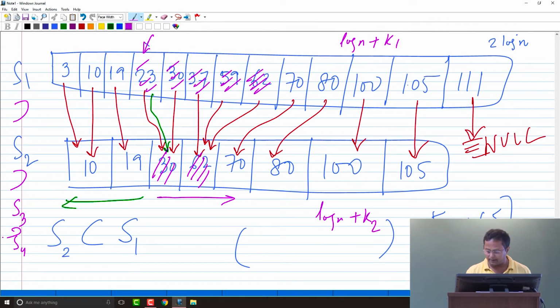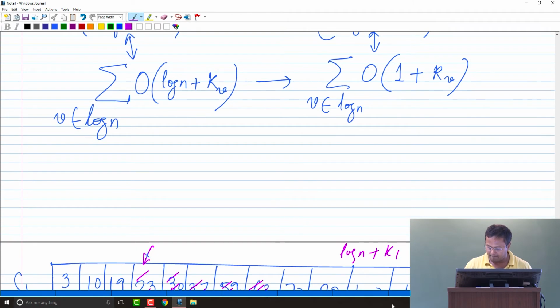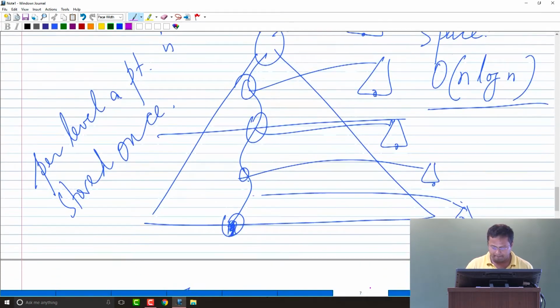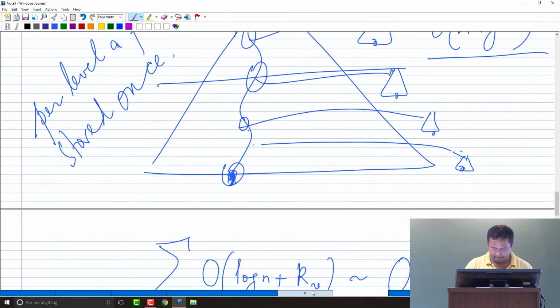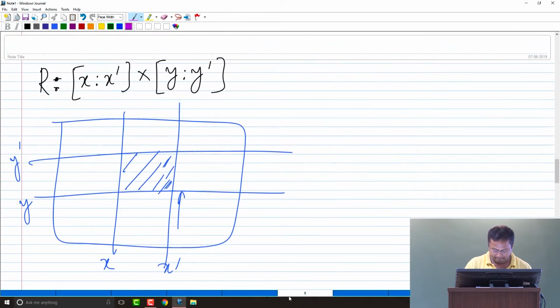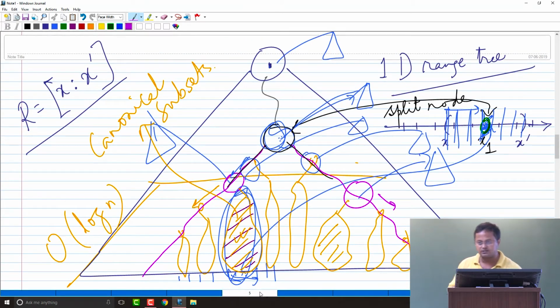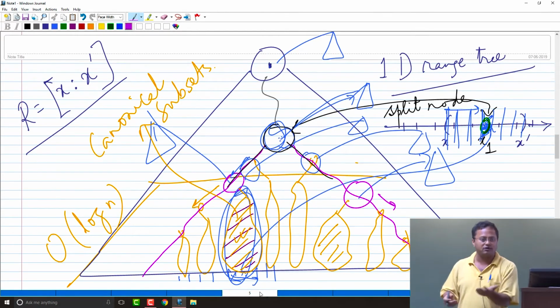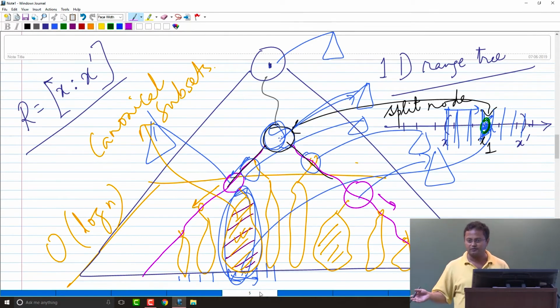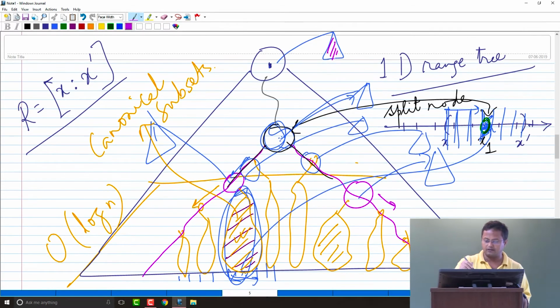Okay. Now, I go back. Think of a range tree. I have these subset relations among all of them, no. This is a superset of both of these.